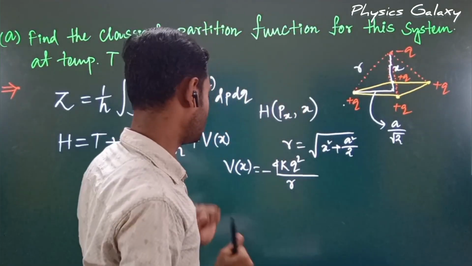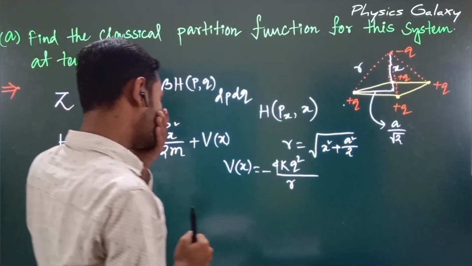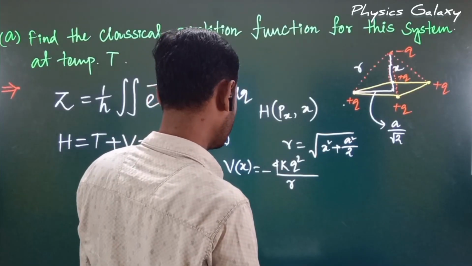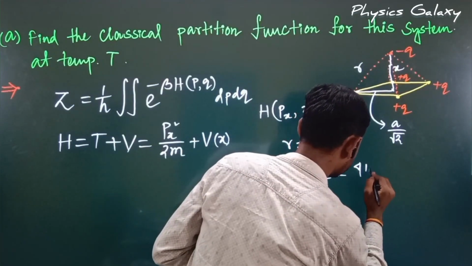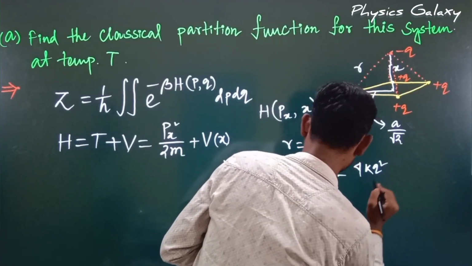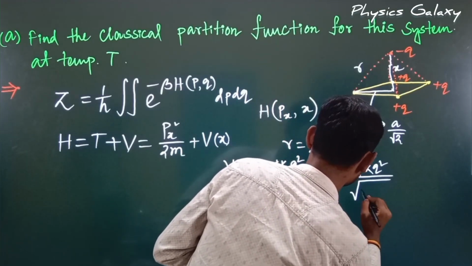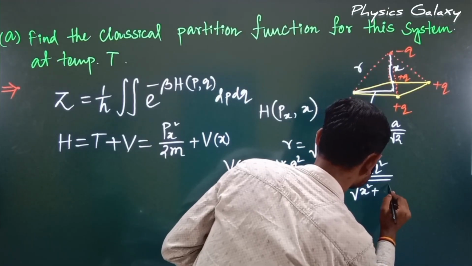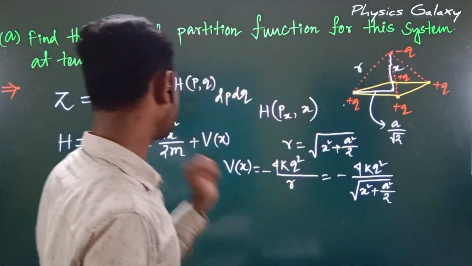So I have to multiply this potential energy by 4. This is equal to minus 4 k q square divided by r, where r is equal to the square root of x square plus a square by 2. So this is my potential energy.